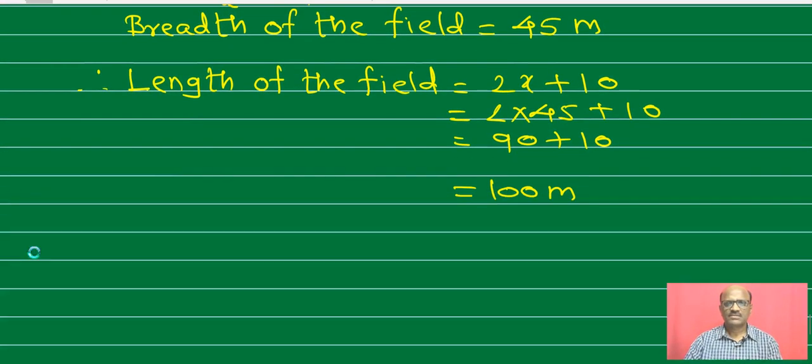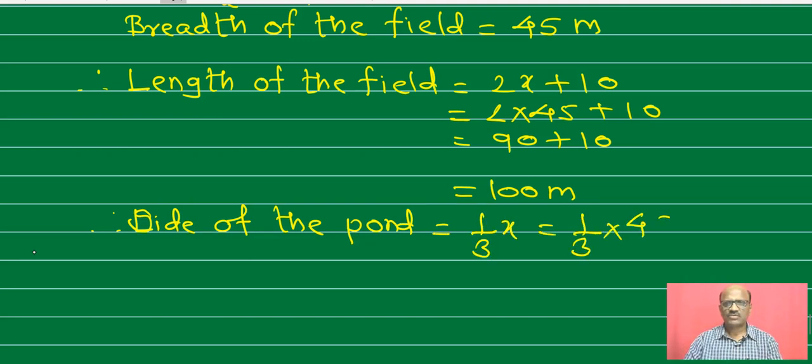Now next, side of the pond is equals to 1 upon 3 into breadth, that is 1 by 3x, 1 by 3 into 45, that is equals to 15 meter.